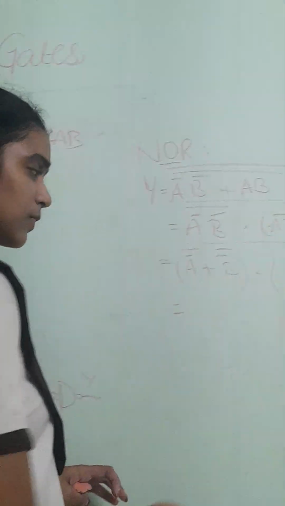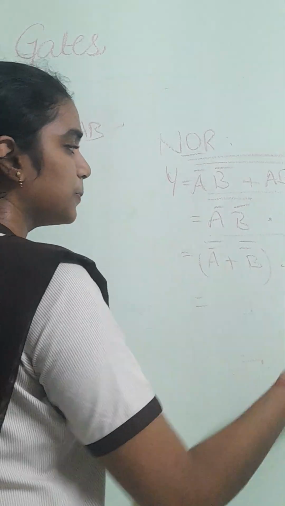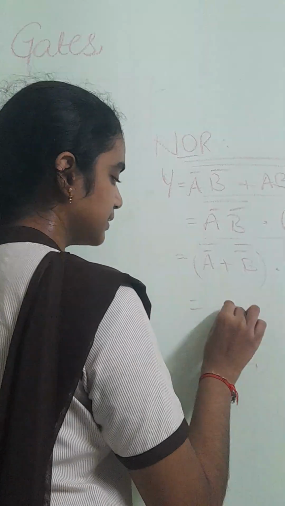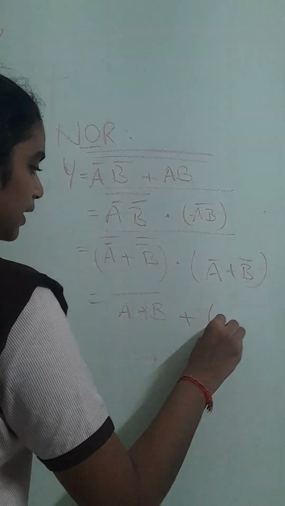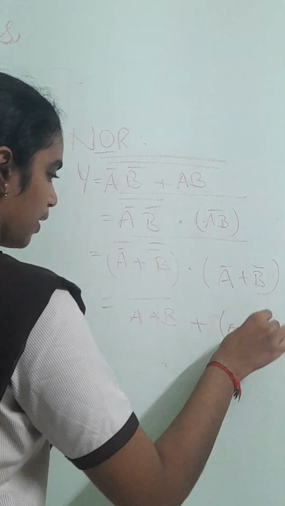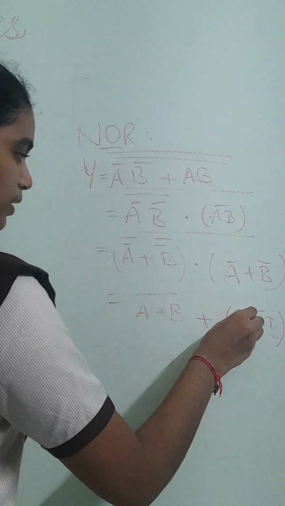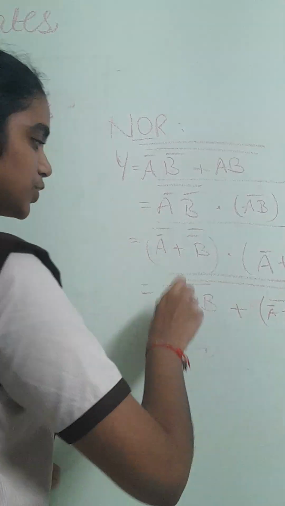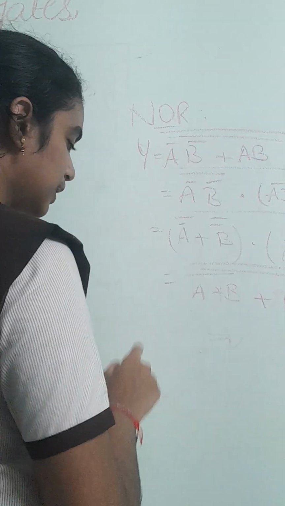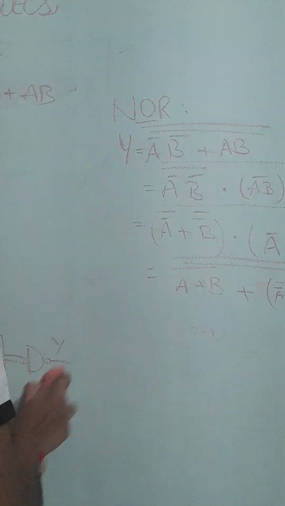So again this is of the form A into B. So what I am going to write is A plus B bar plus A plus B bar, A bar plus B bar whole bar. Let me take double bars so that we can represent it using the logic NOR gate.